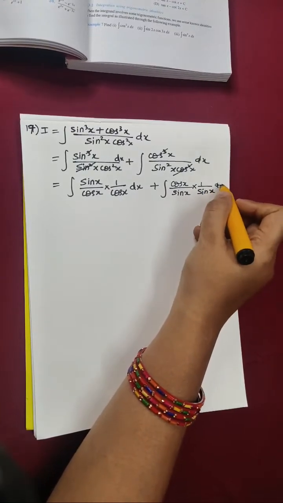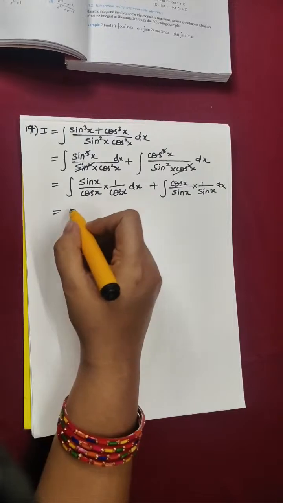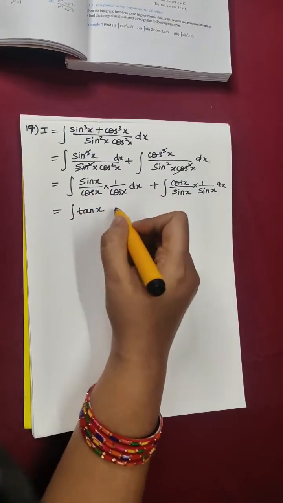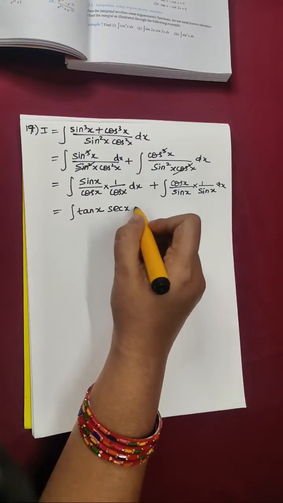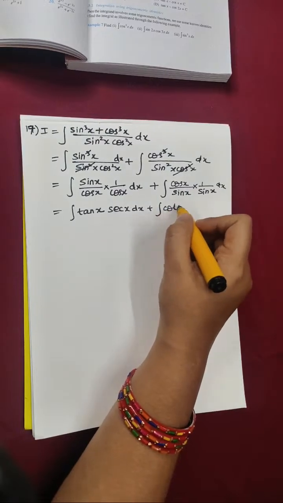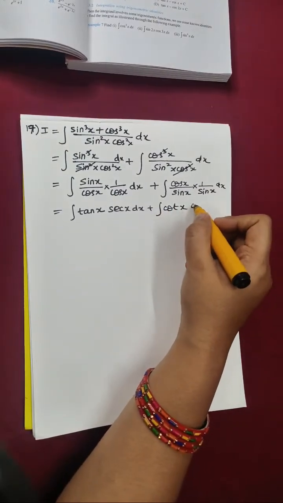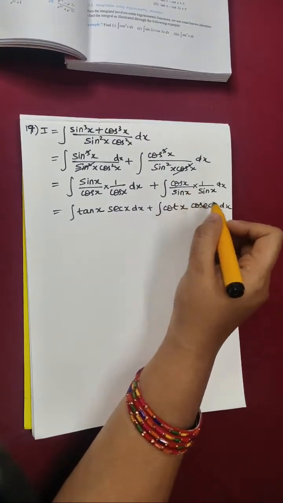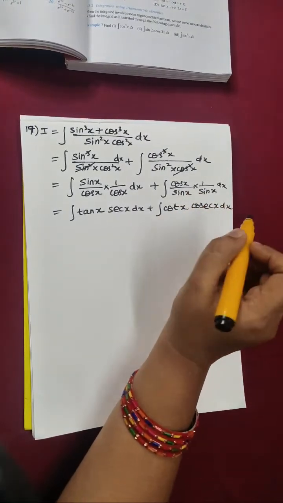it is easy for us to combine the terms and you also will not get confused how many terms you have used. Okay, and now one term sin x by cos x can be written as tan x, 1 by cos can be written as secant x. Similarly, cos x by sin x can be written as cot x and 1 by sin can be written as cosecant x dx. Just we are using the reciprocal relations of trigonometry and just we are writing.